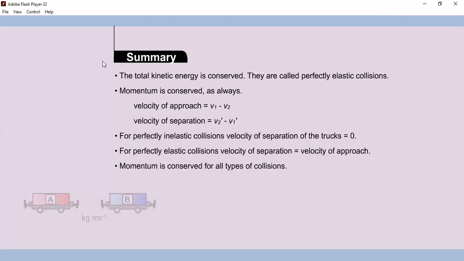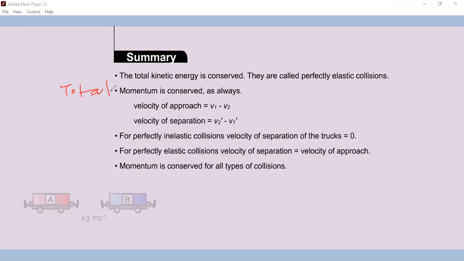Momentum is always conserved. Ladies and gentlemen, total momentum is always conserved. Velocity of approach is v1 minus v2, velocity of separation is v2 minus v1.